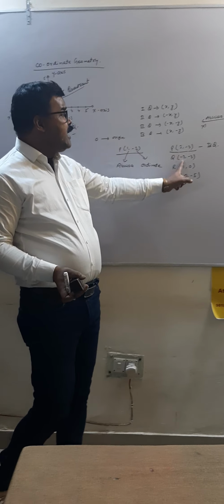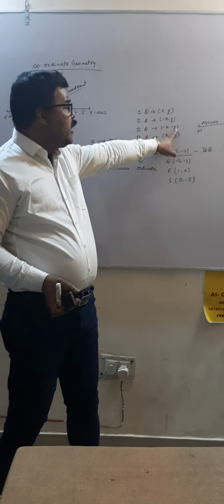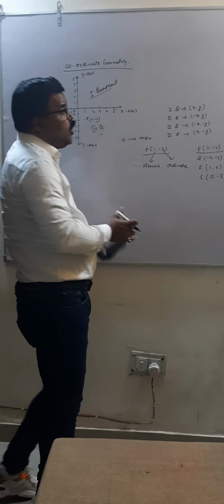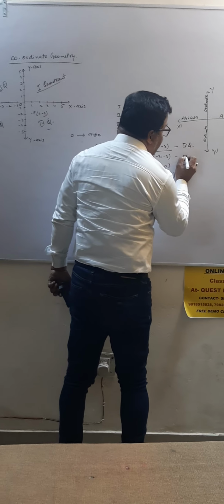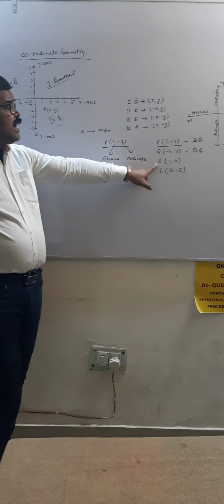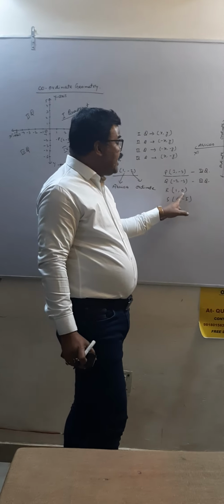Similarly, for (-3, -3), x is minus, y is minus, so it lies in the third quadrant. So you can simply write third quadrant. In this case, R is (1, 0). So the y coordinate is 0.